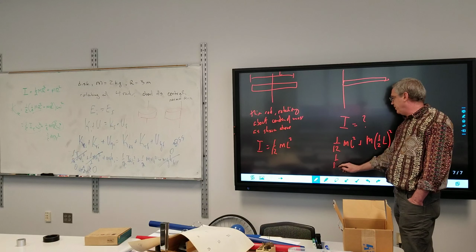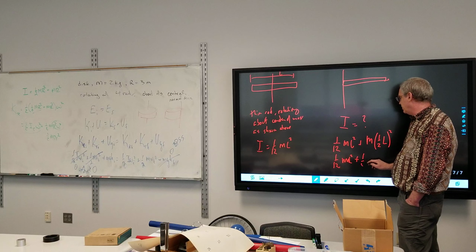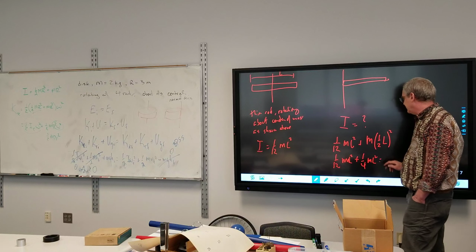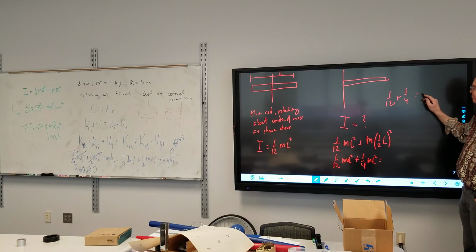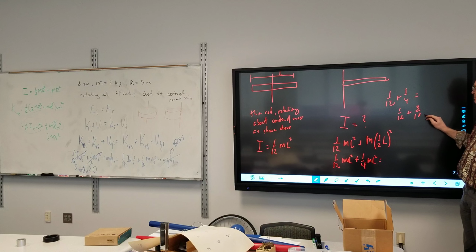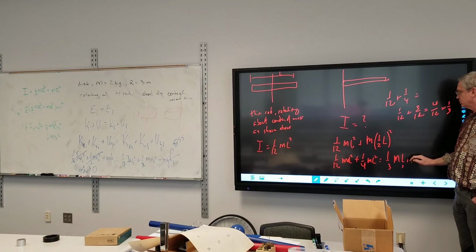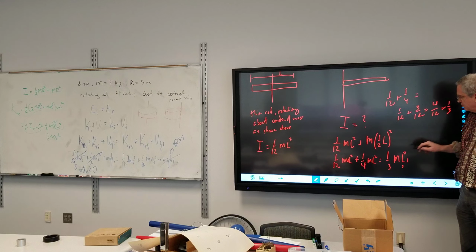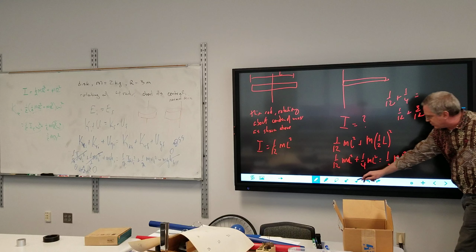So I got 1/12 mL squared plus 1/4 mL squared. So 1/12 plus 3/12, which is 4/12.